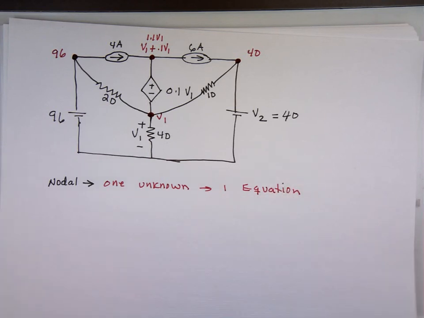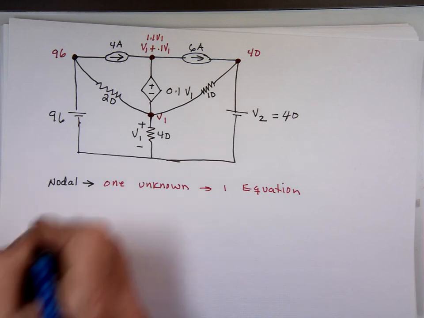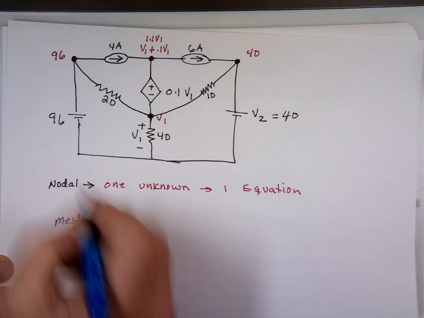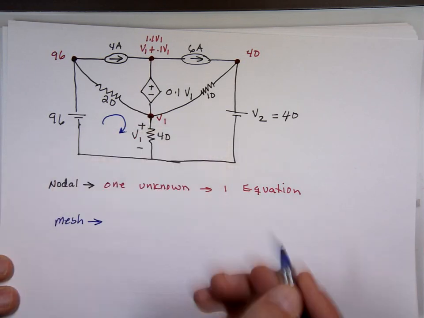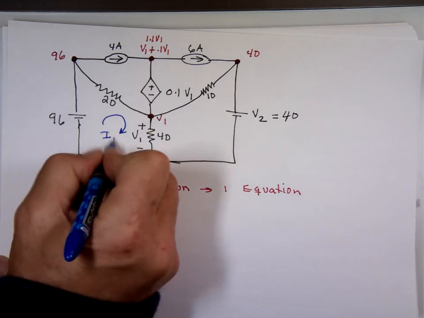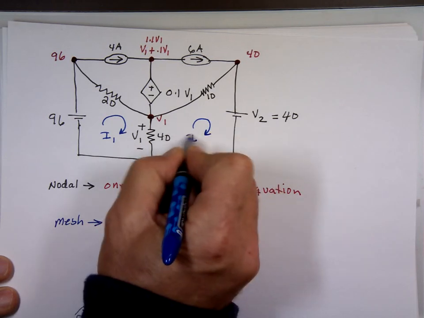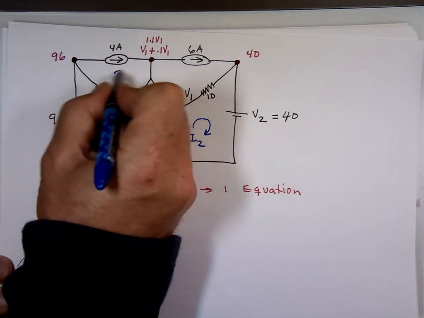Kind of hard to beat that. Well, let's see. If we do mesh analysis, there is I sub 1 and there is I sub 2. We know that's 4 amps.